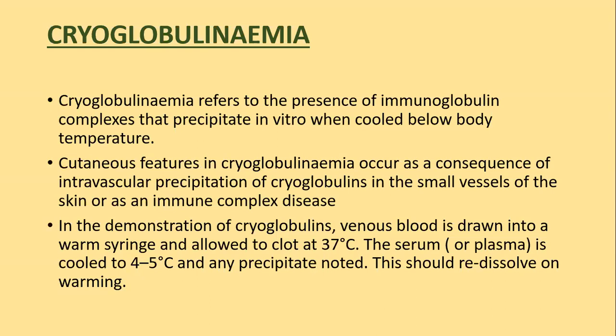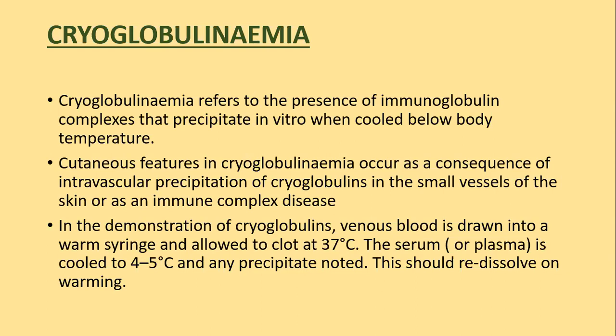as immune complex disease. In the demonstration of cryoglobulins, venous blood is drawn into a warm syringe and allowed to clot at 37 degrees centigrade. The serum or plasma is cooled to 4 to 5 degrees centigrade and any precipitate noted.